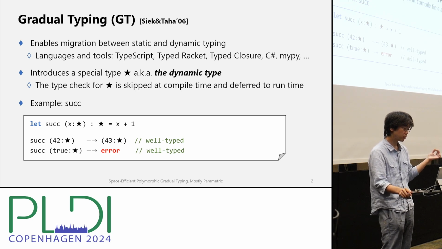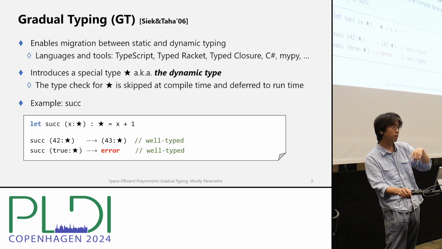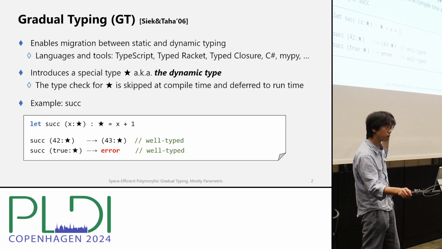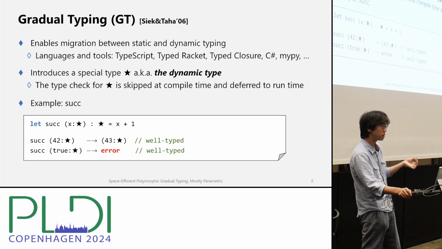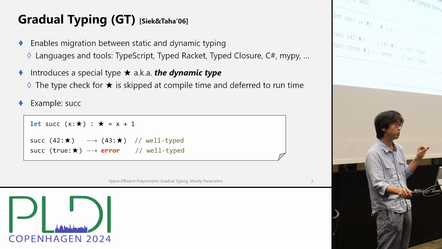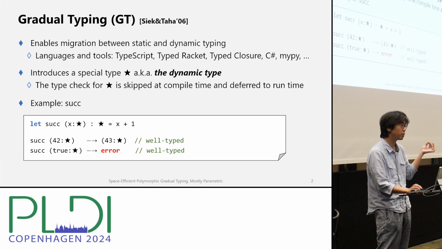But such type checking is deferred to runtime, which means that for the Boolean value in the second function application, it is checked at runtime whether the Boolean value can be used as an integer. But of course, it's impossible, so a runtime error happens if such a type mismatch is found.